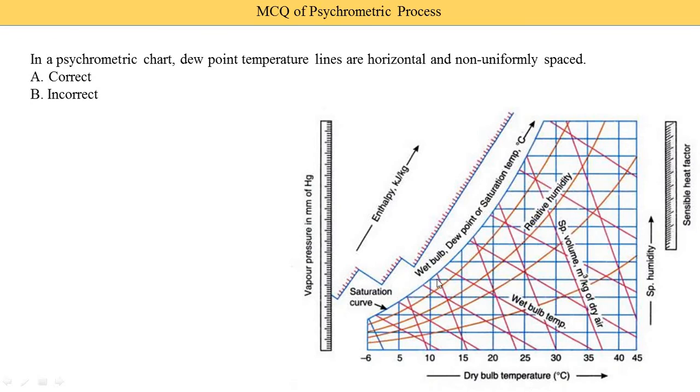From this curve the various lines start, and as the relative humidity line goes ahead, the wet bulb temperature lines are inclined. Then what are these horizontal lines? In the chart there are two types of horizontal lines: one for the specific humidity and one for the dew point temperature. So these horizontal, non-uniformly spaced lines are for the dew point temperature, and the answer is correct. The dew point temperature line starts from here, and the value for the dew point temperature is written here on the 100% relative humidity line.